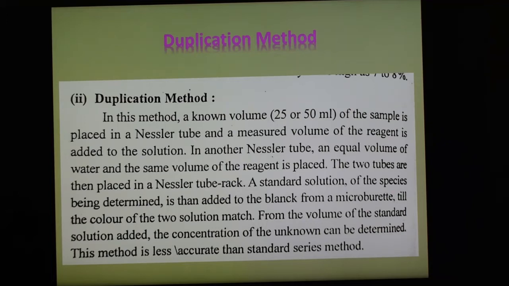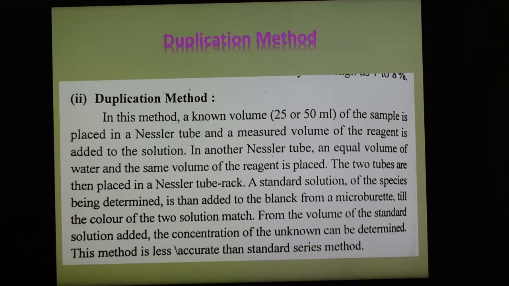The second method is the duplication method. In this method we take 25 ml or 50 ml of the sample in a Nessler's tube, and a measured volume of the reagent is added to the solution. In another Nessler tube an equal volume of water and the same volume of the reagent is placed.